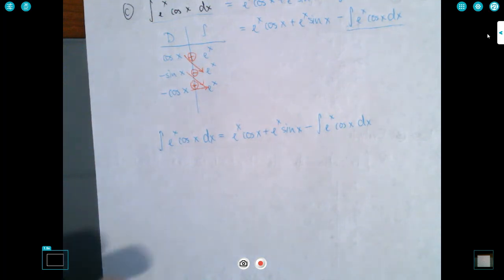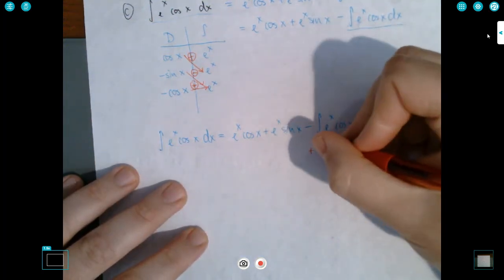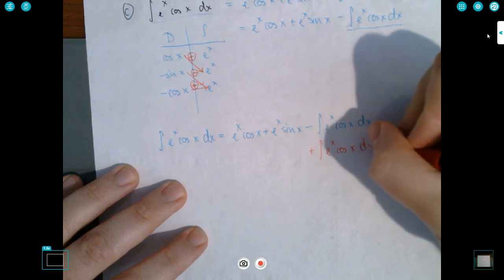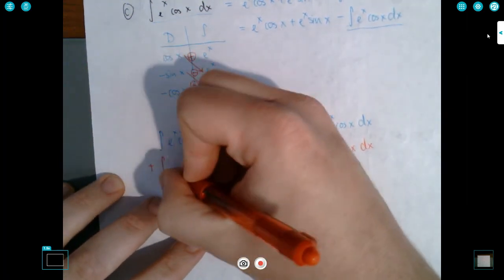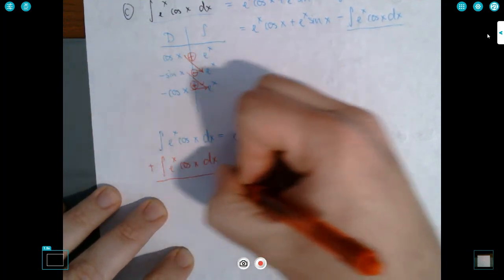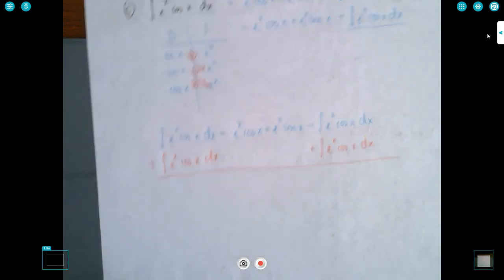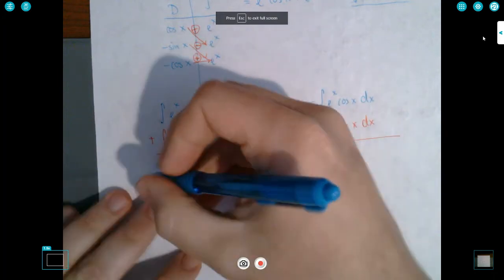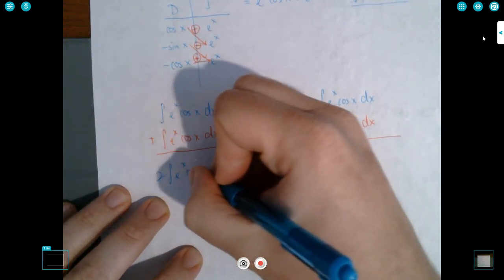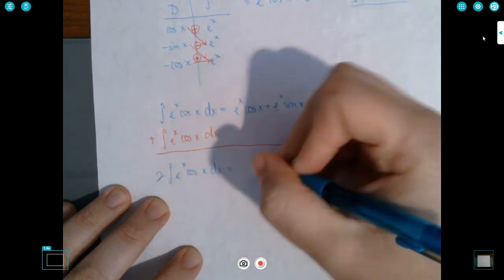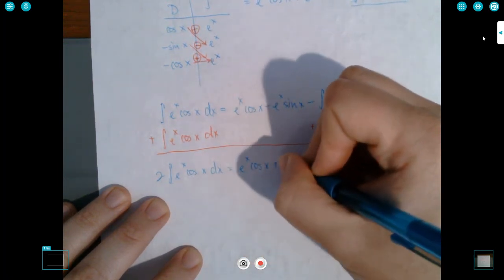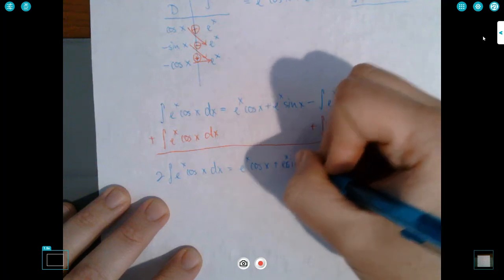So if I add this over to the other side, then I get 2 times the integral of e to the x cosine x dx equals e to the x cosine x plus e to the x sine x.